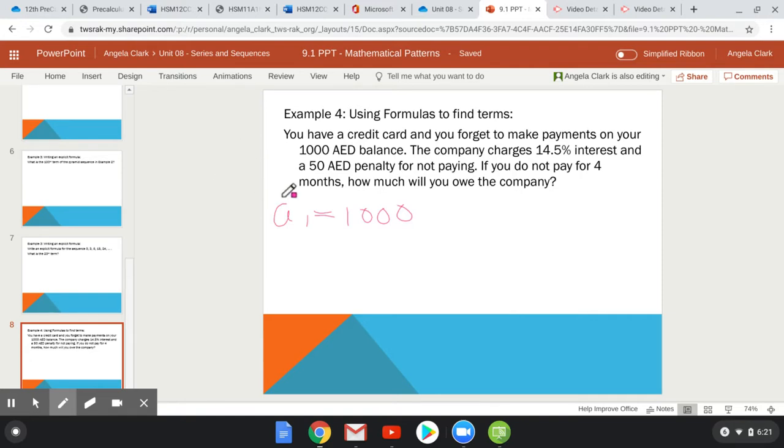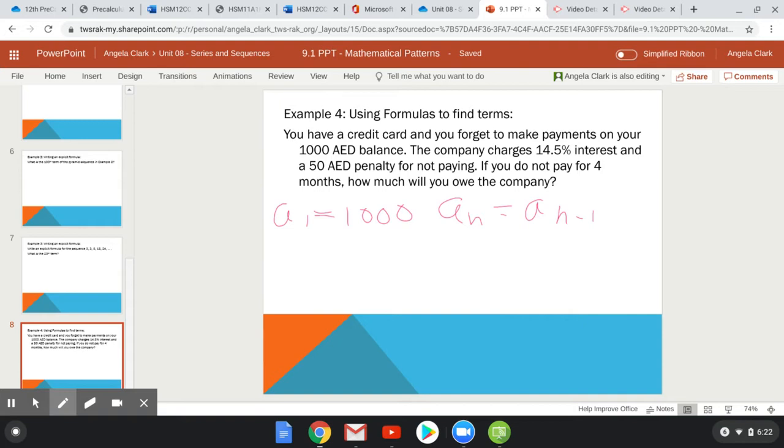So then our formula, we need to figure out what AN is, and we know that it's going to have something to do with the previous one. We have to use the previous one to find the next one. So let's figure out how we're going to do that.